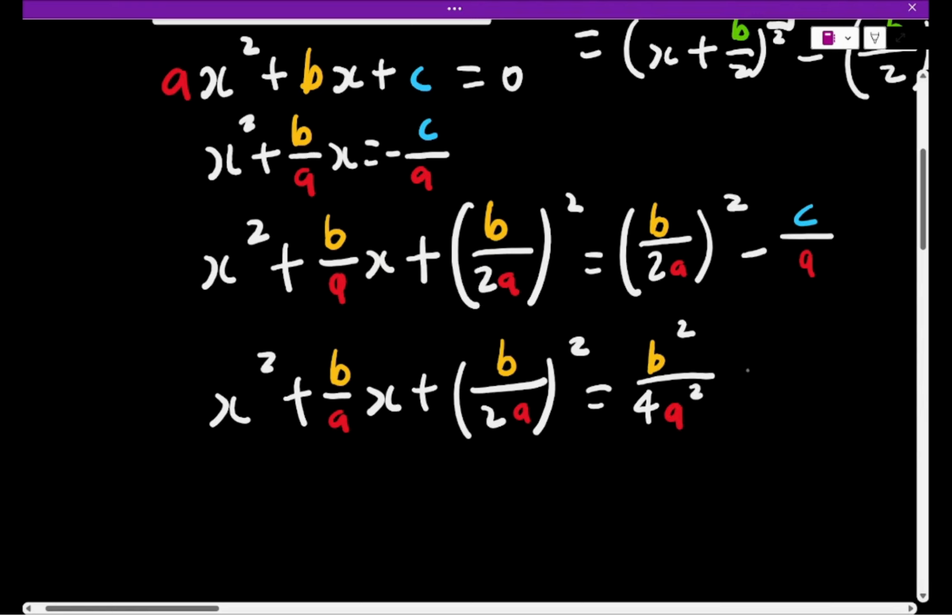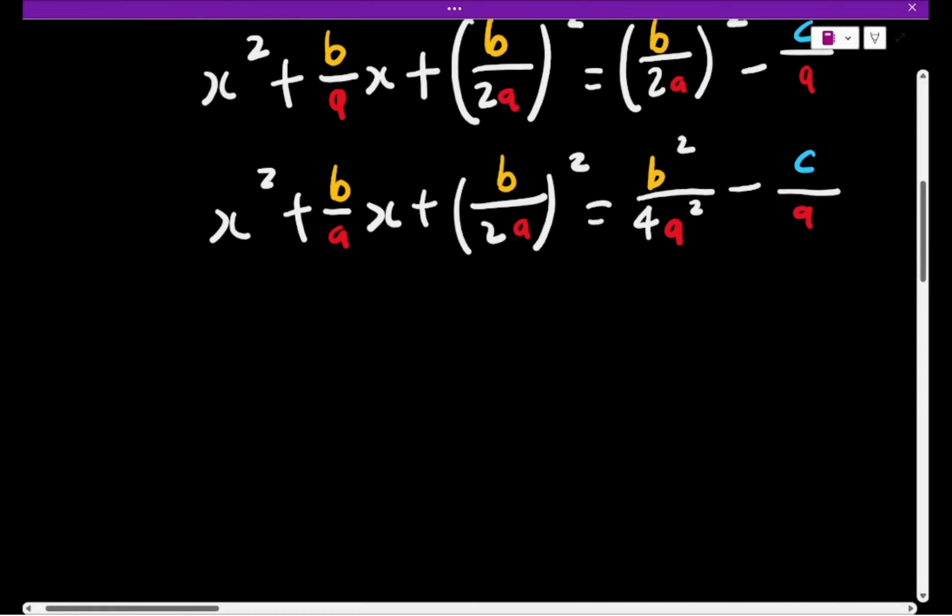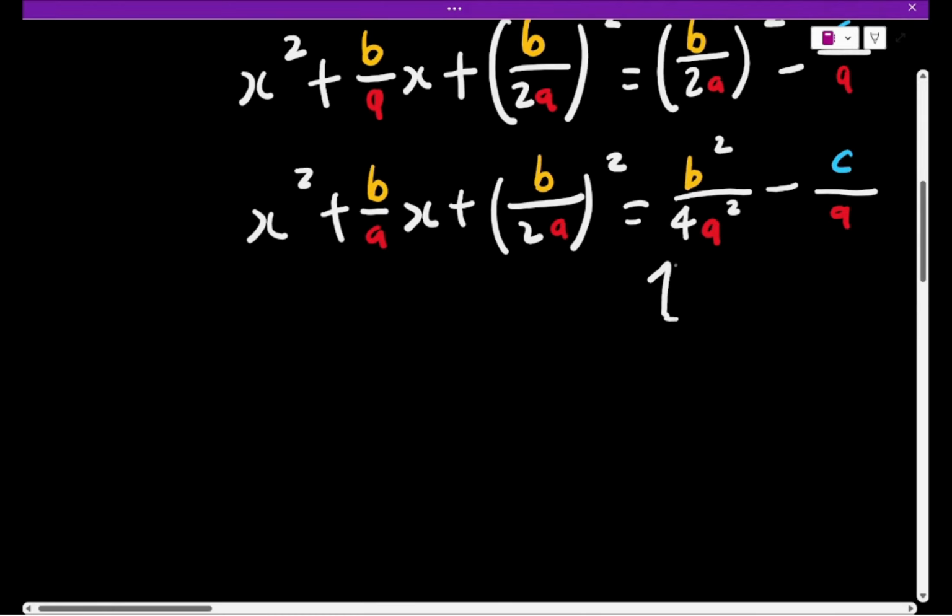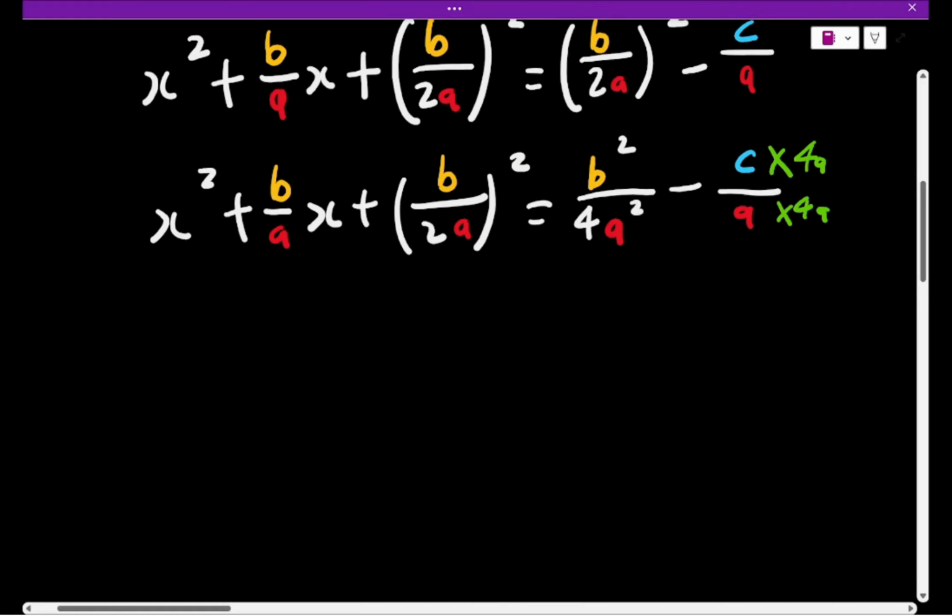And then we are going to subtract c over a. Alright, now the next thing to do is to combine these two fractions. This has a denominator of 4a squared, this has a denominator of a. So what we'll do is multiply this numerator and denominator by 4a. That way, these two fractions will have a common denominator.